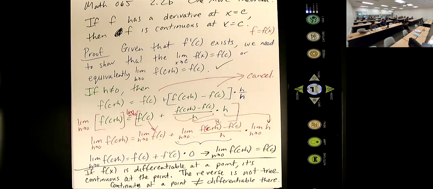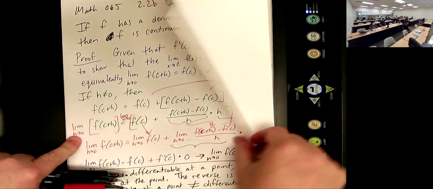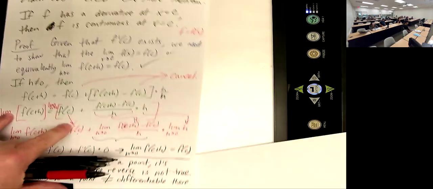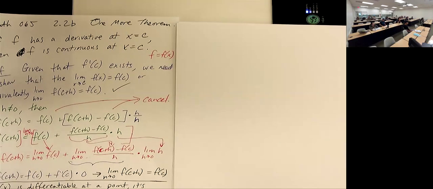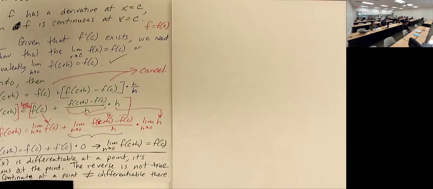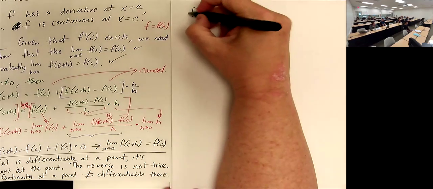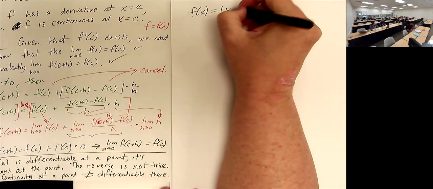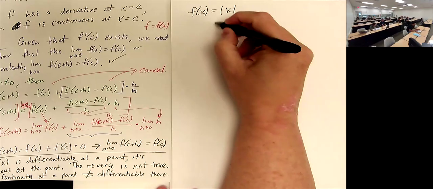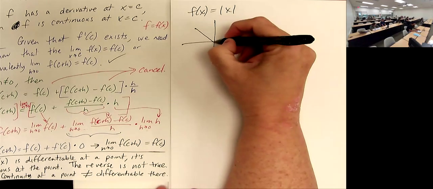It can be continuous at a point, but not differentiable there. And we just did an example of this at the end of our last lesson, remember we did f of x equals the absolute value of x? The graph of that is a v.